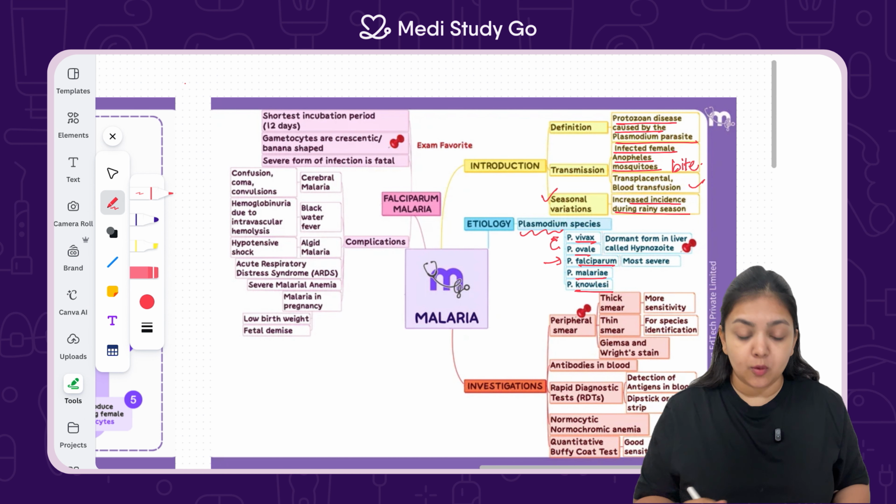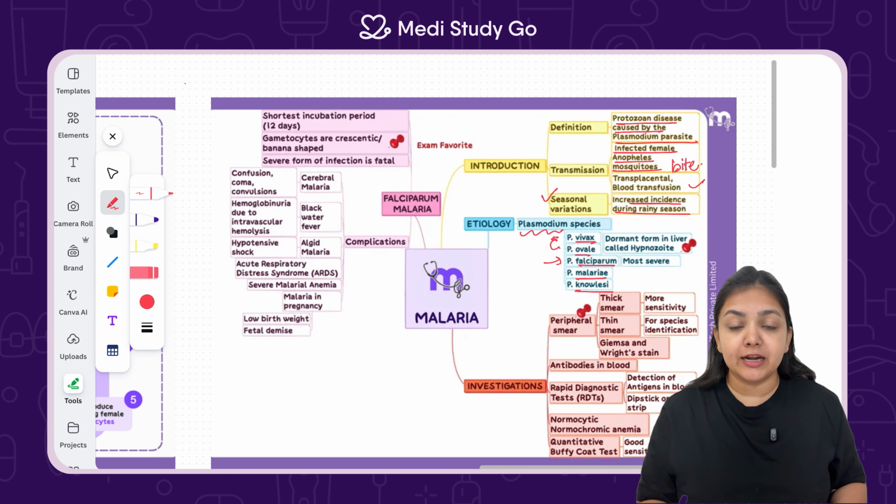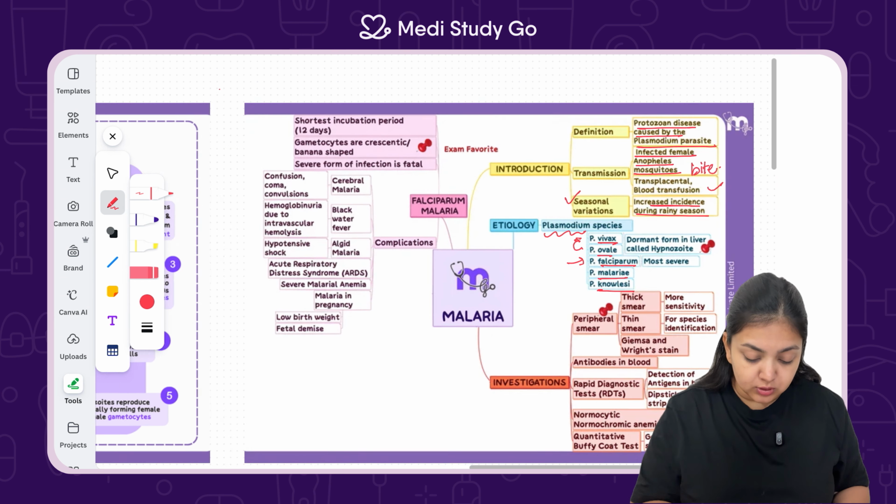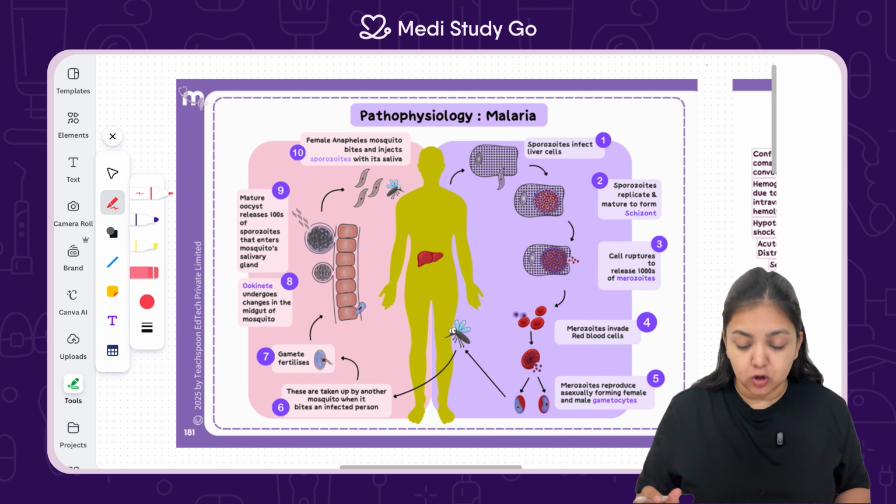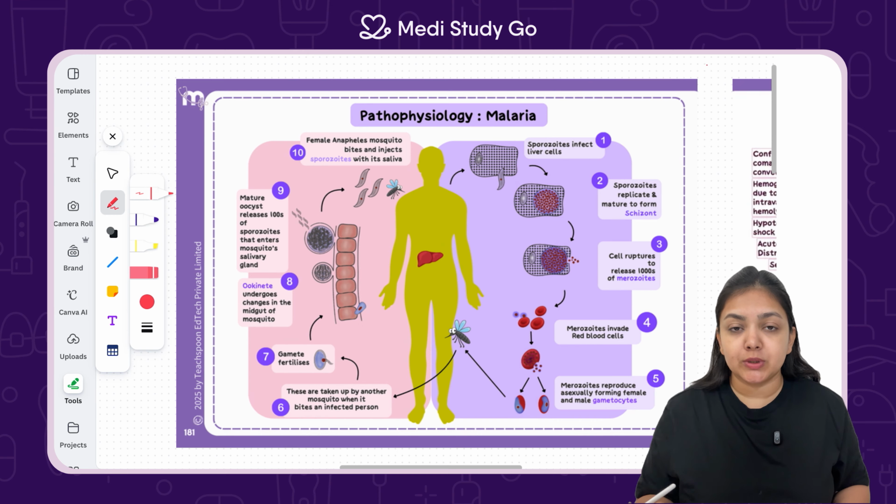Now, to learn how a simple mosquito bite can get converted to malaria, we need to know the pathophysiology of malaria, which is actually the life cycle of the sporozoites present in the mosquito. So the causative agent is the sporozoite.